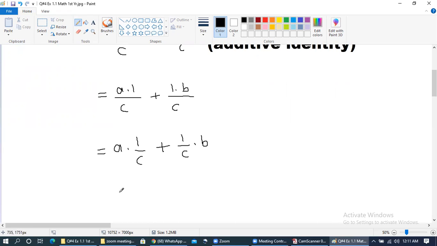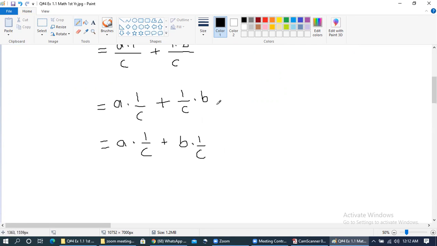And now in the second term, we can change its arrangement. How can we change the arrangement? We can write it as a into 1/c plus b into 1/c.